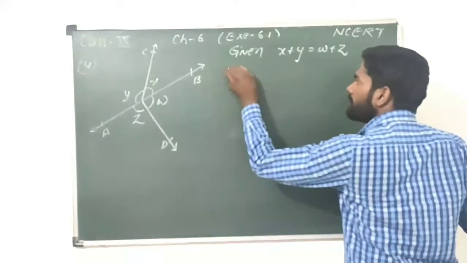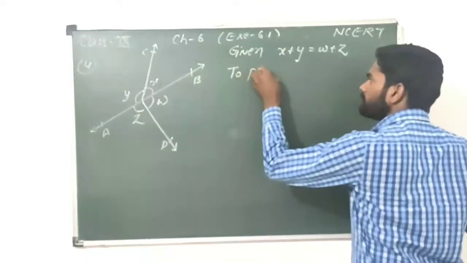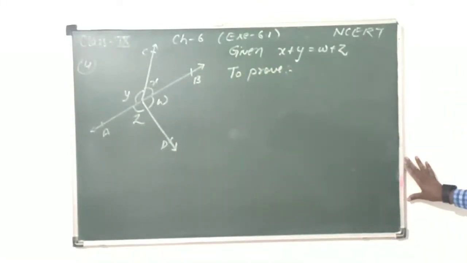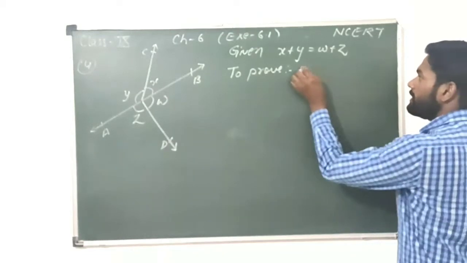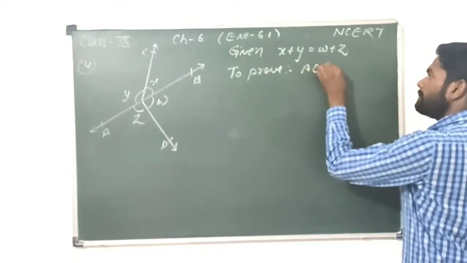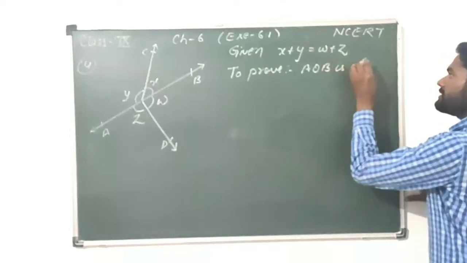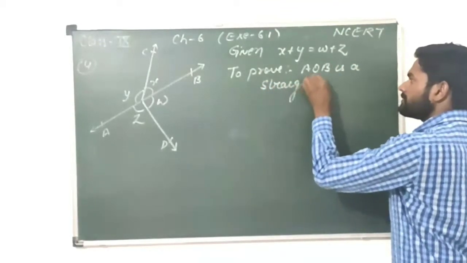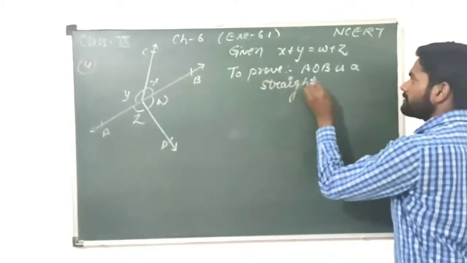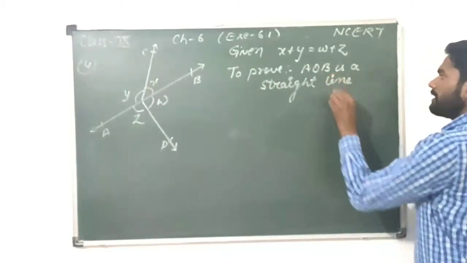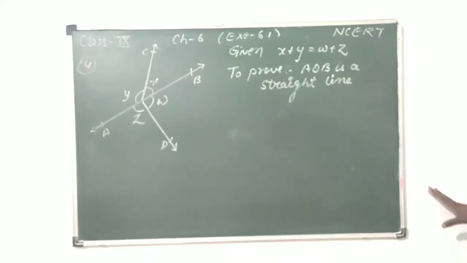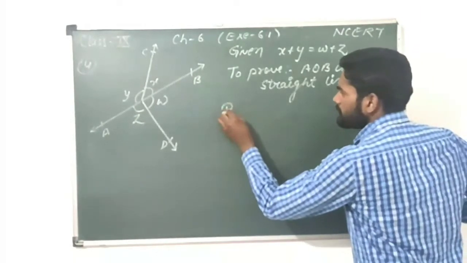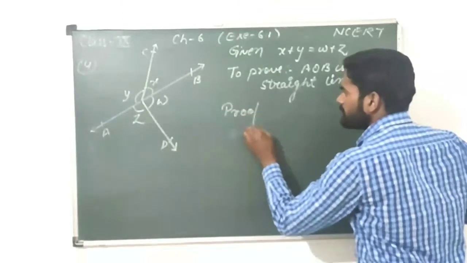What we have to prove here? To prove, according to our condition, we have to prove AOB is a straight line. Now start the proof.